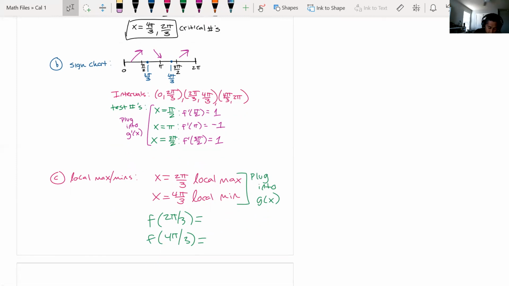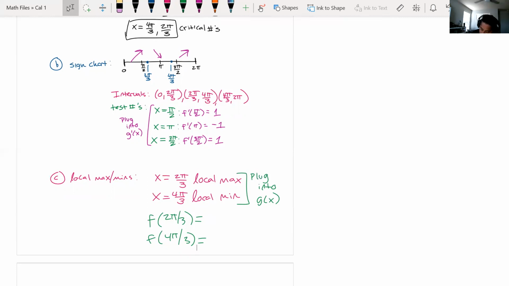Let's see. 2 sine x plus x. And I'll type in 2 pi over 3. And I get something funky.